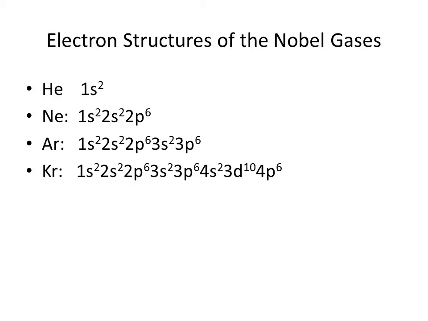Now, realize that we're not talking about protons being changed at all. These atoms do not become noble gases. They still remain the same element. It's just their electron configuration becomes like that of the noble gases. We say that the electron configuration becomes isoelectronic with the noble gases.